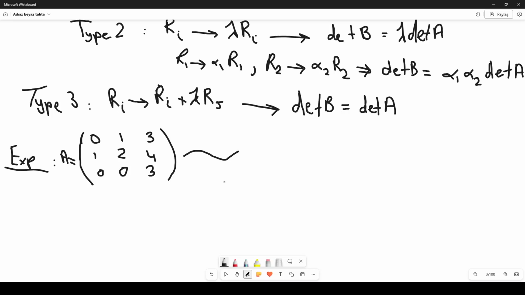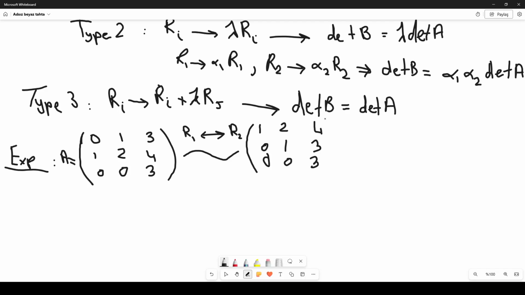And the first thing to do, well, this is not in the row echelon form. As we all know, we can start by replacing row 1 by row 2, right? Because the leading entry in the first row must be a non-zero element. So the best way to start this elimination process is to replace the first row by the second row. Okay, now we have 1, 2, 4, 0, 1, 3, and 0, 0, 3.